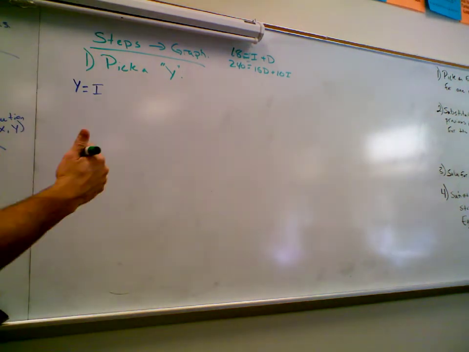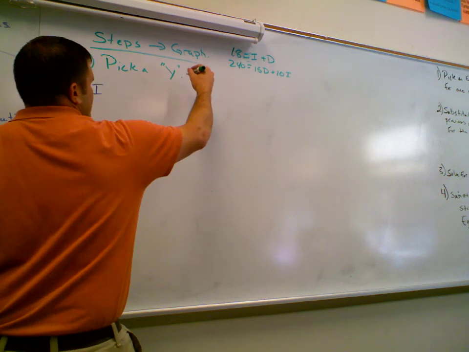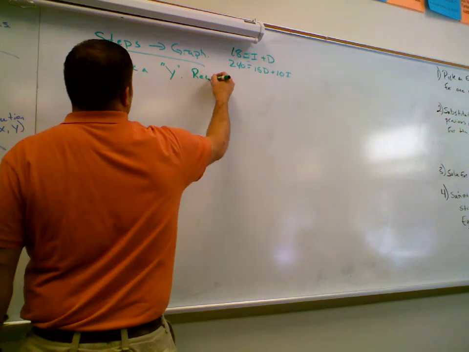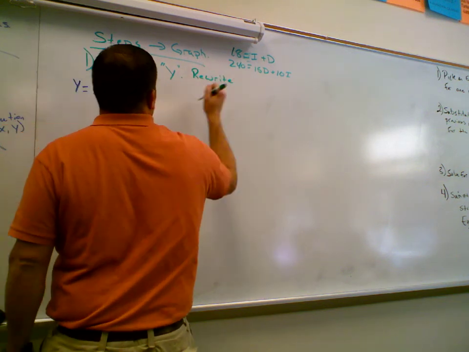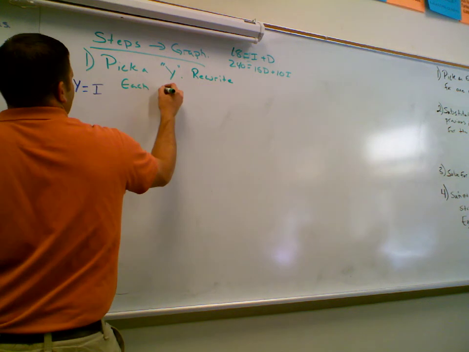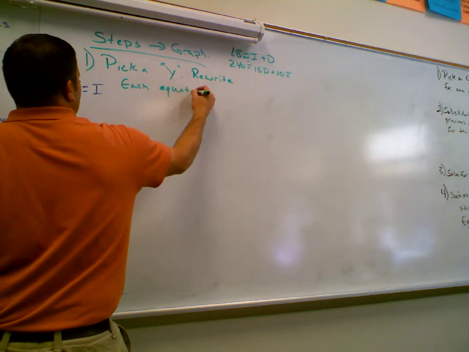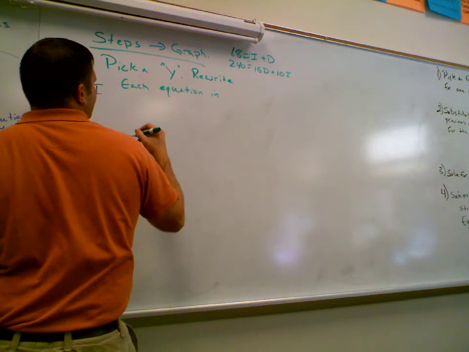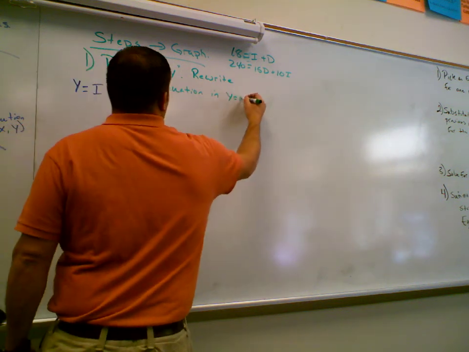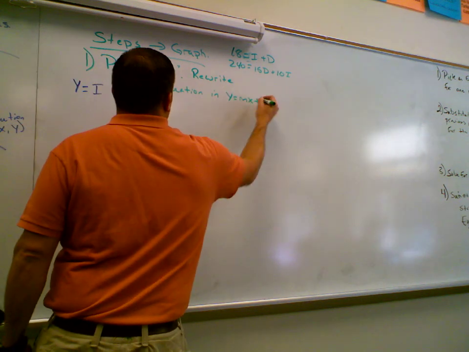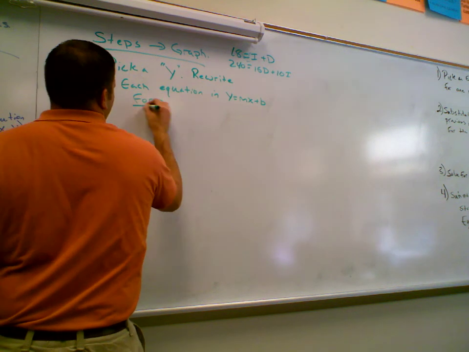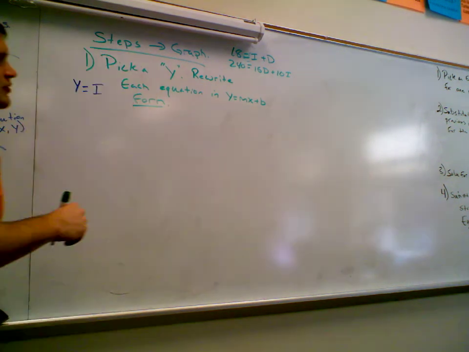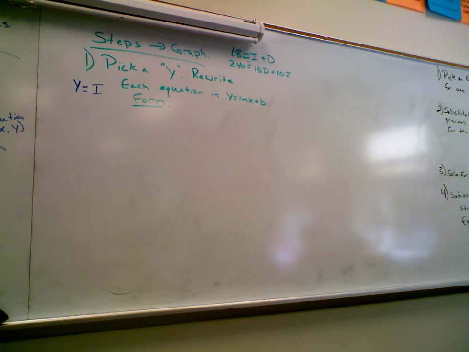Then once I pick my y, what am I going to do with these equations? We write each equation in y equals mx plus b form. Right? So since I want y to be I, what am I solving for?